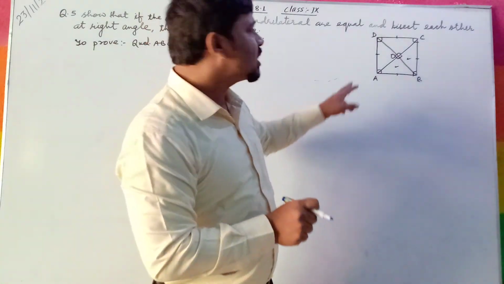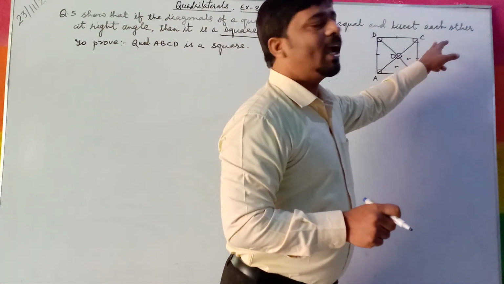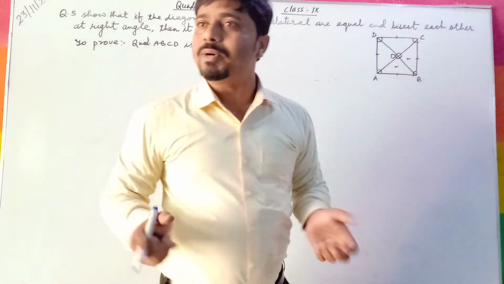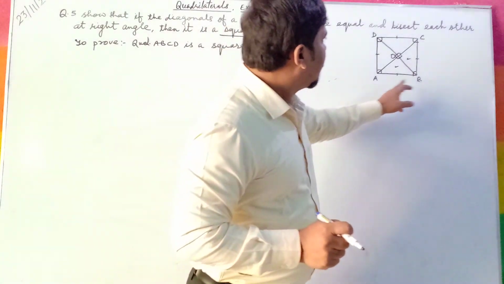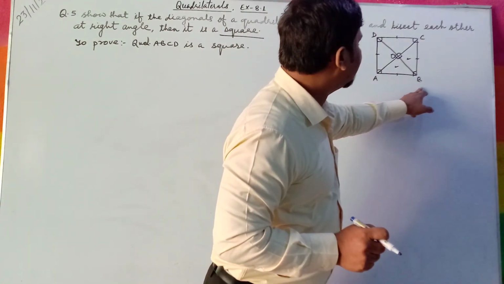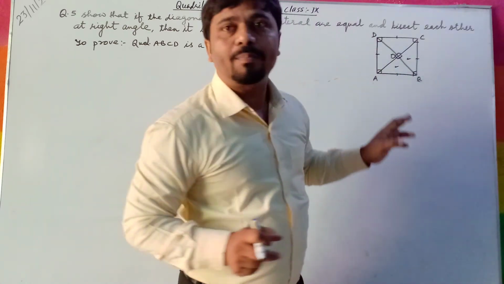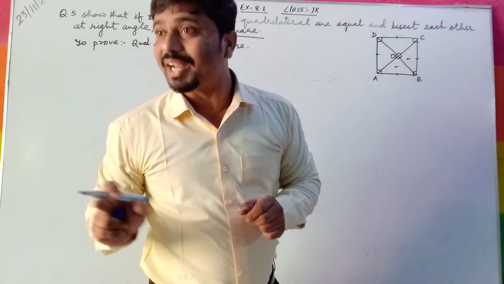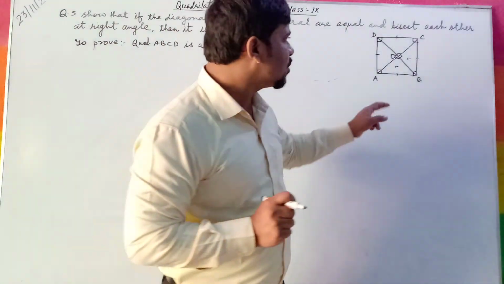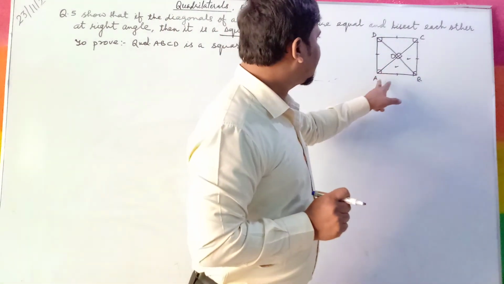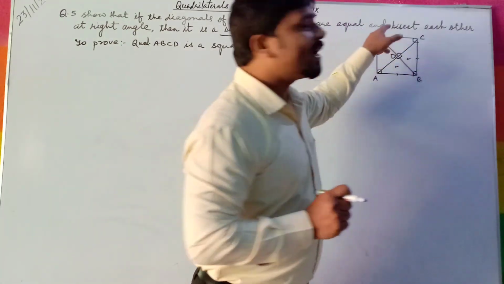So when you take these two triangles ABC and BAD, AB equal to BA, common. After that, BC equal to AD, proved above. Now AC equal to BD, given.